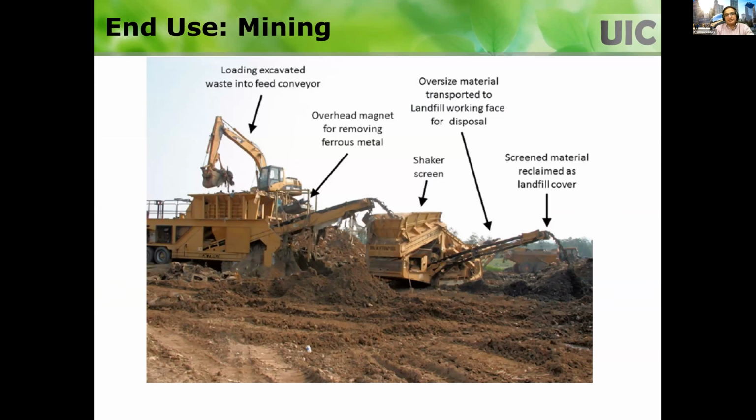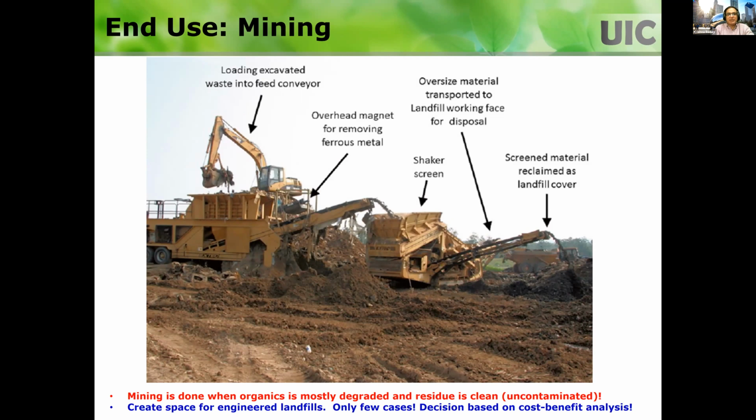The other option is, if the waste is completely degraded, the organics are completely degraded, and you don't have any contamination in the waste, maybe you can do mining. Basically, you screen the materials and use whatever you can. The final material you can dispose of again or use as a final cover in the landfill. But in the US, we don't have a lot of mining projects.